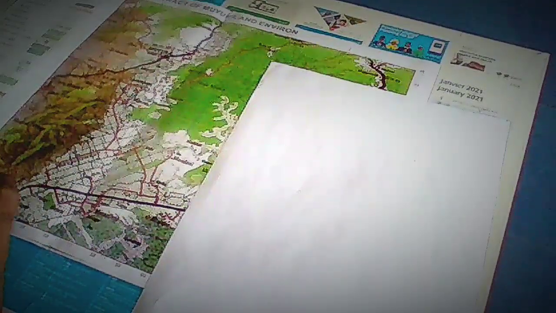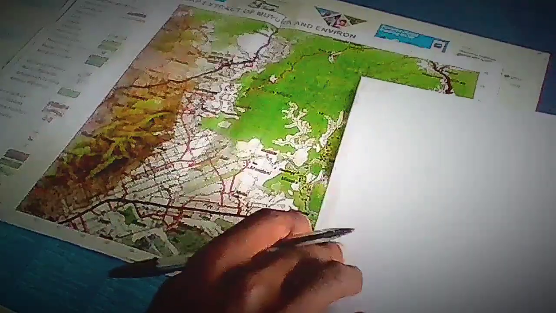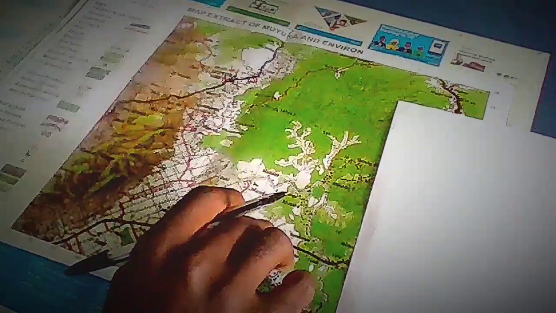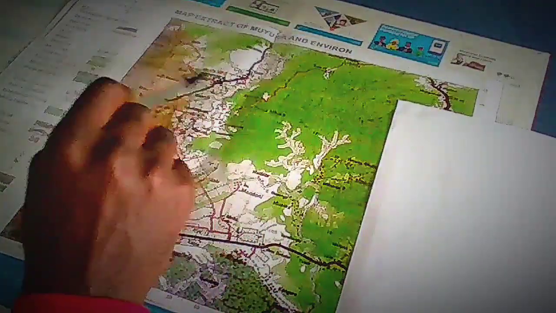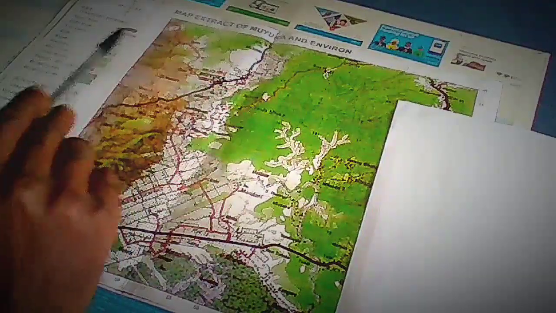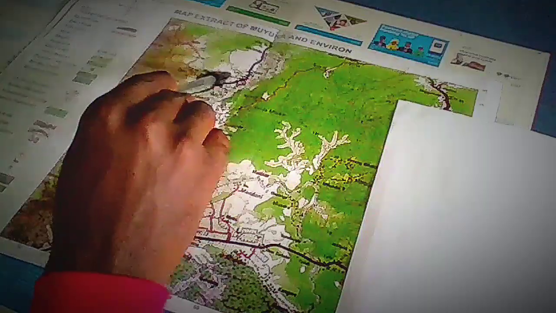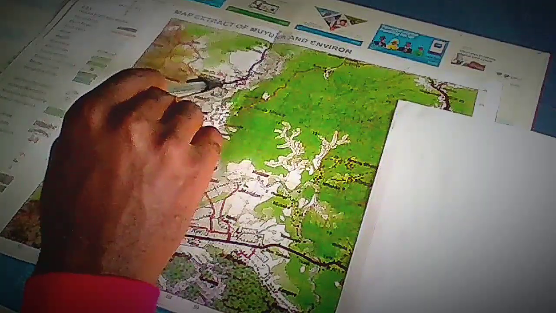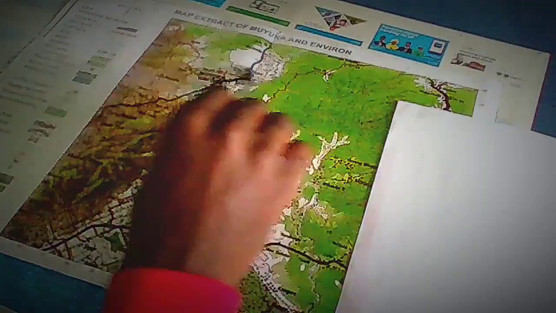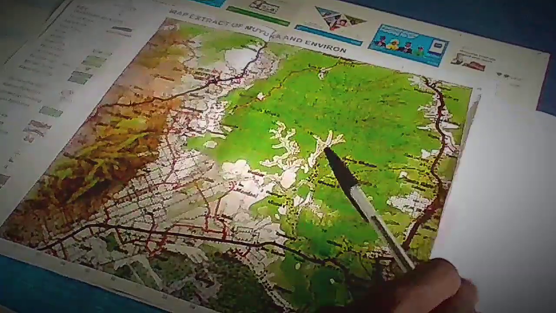Let us consider here that we are still working on the map of Muea and environs, and we have been asked to describe the site and situation of Muea town, considering that this is Muea. When we talk about Muea, it does not mean all this area. You remember that we have other areas too.